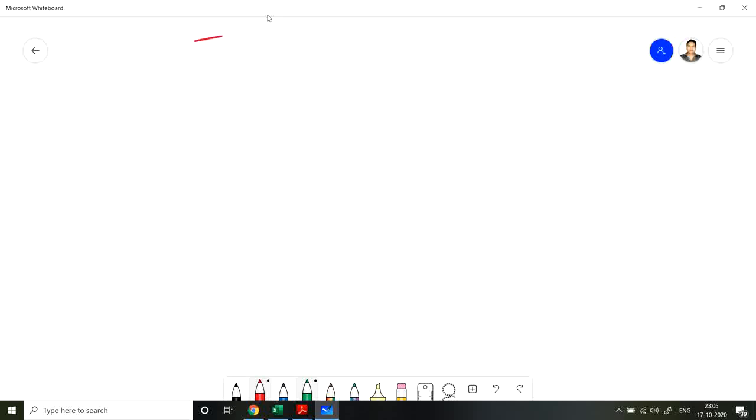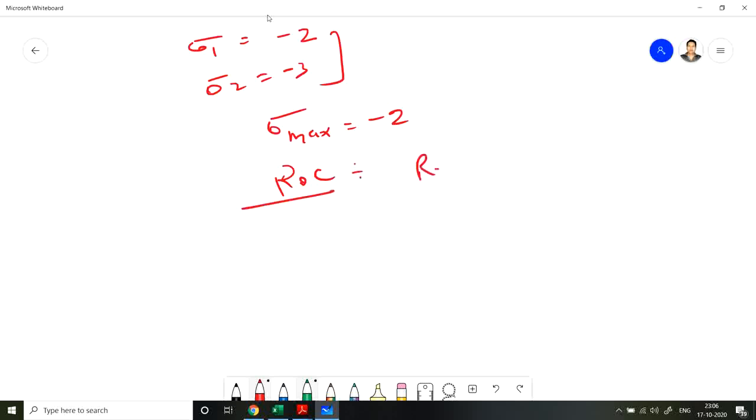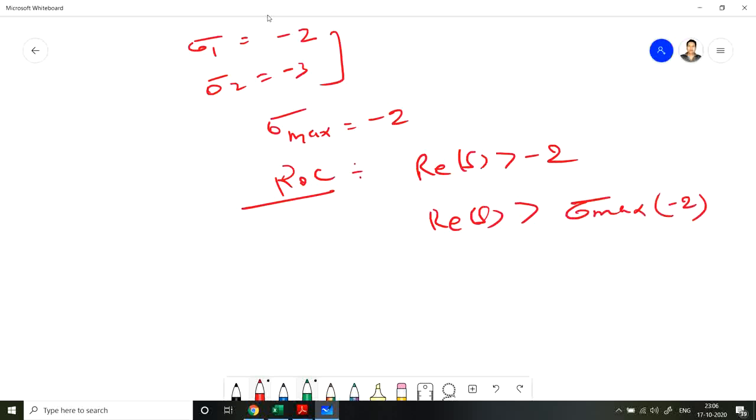The poles are sigma 1 equals minus 2 and sigma 2 equals minus 3. Comparing, minus 2 is greater than minus 3, so sigma maximum is minus 2. The ROC of X(s) is real part of s greater than minus 2, which is also sigma maximum, the value minus 2.